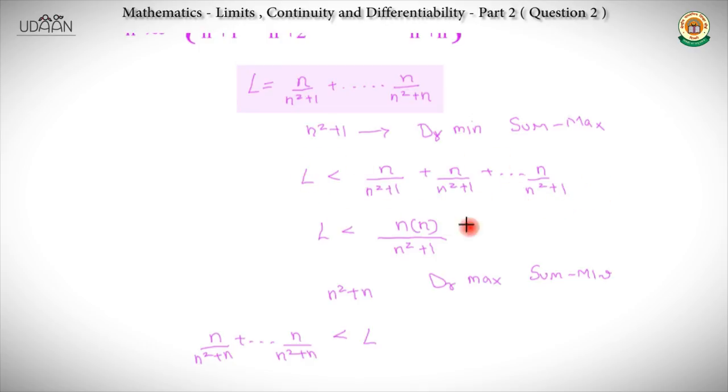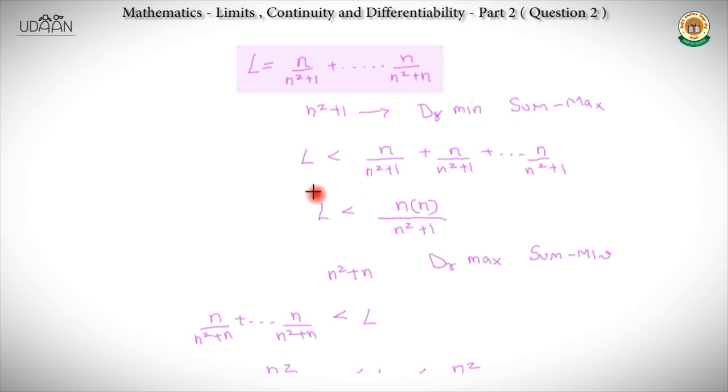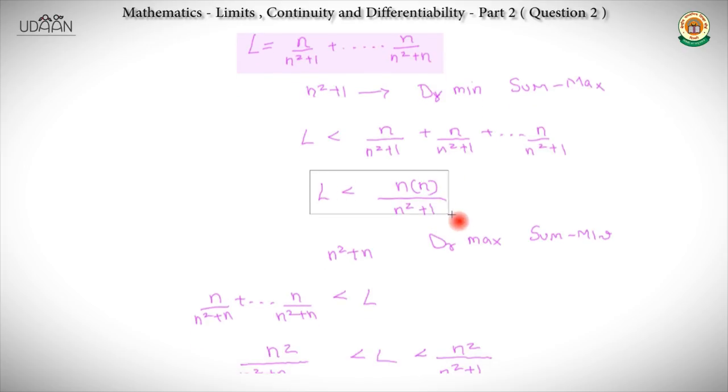So we have minimized all the denominators, and the sum that we get will be the maximum. So we get L is less than n times n upon n square plus 1.